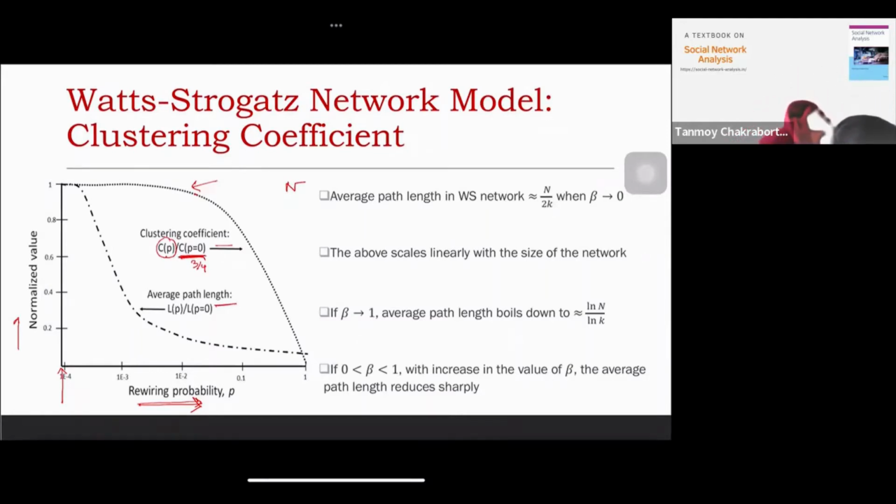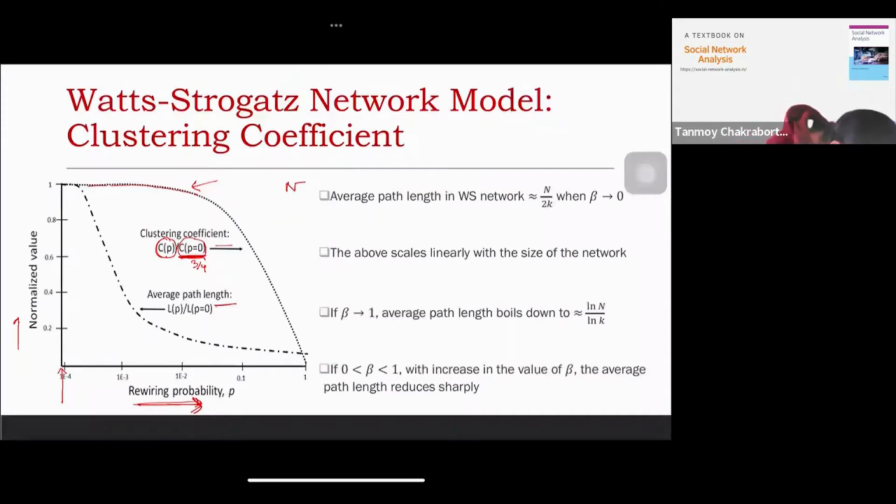So this ratio in this particular curve corresponds to the ratio where the denominator is fixed, which is 3/4, and the ratio tends to 1. The numerator will change as you increase p. At p equals 0.1, you have a network structure and you measure the clustering coefficient. At p equals 0.2, you have a network structure, and you are moving from a regular lattice towards a random network. At p equals 0.3, you have some network, and you measure C(p).